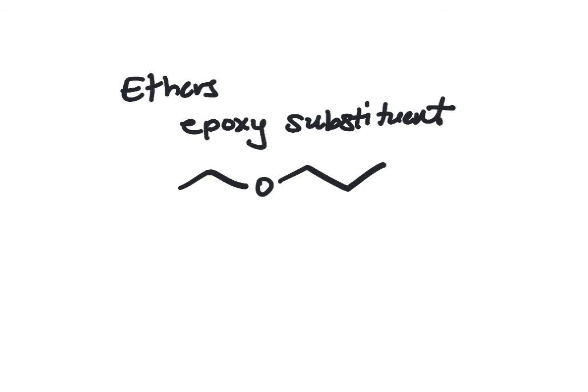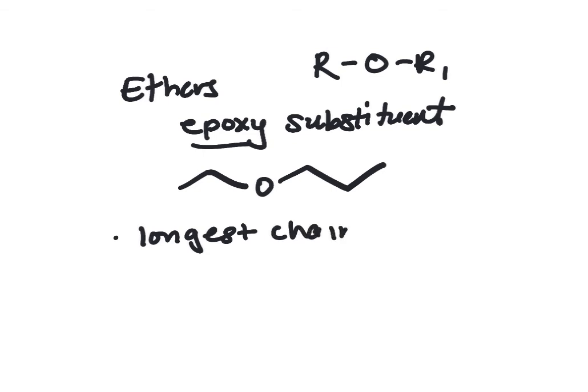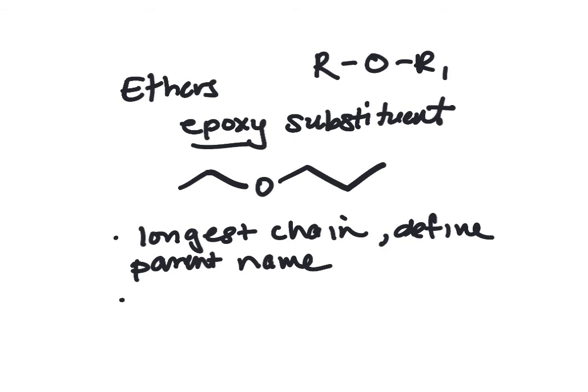Now we're going to name ethers. If you remember from our functional group, an ether has the formula ROR prime, where R and R prime do not have to be the same. They can be the same, and you have an oxygen in the middle. We are going to name these as epoxy substituents. So you're going to find the longest chain, and that will define the parent name, and then you will list the epoxy substituent.